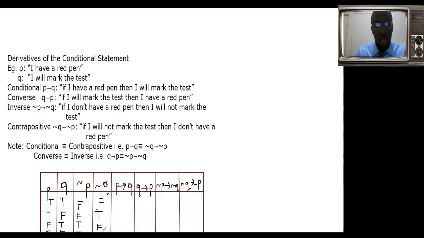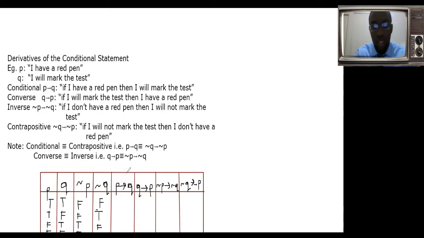And so the next thing we have right here is P implies Q. Remember, when did we say P implies Q is false? It is only false when the antecedent is true but the consequent is false. So we're looking for when I tell you a lie.